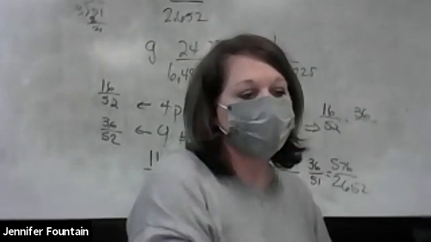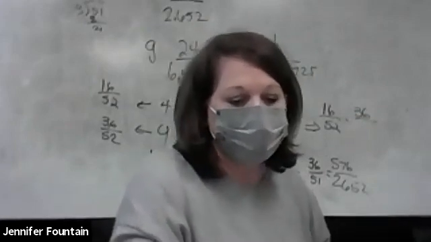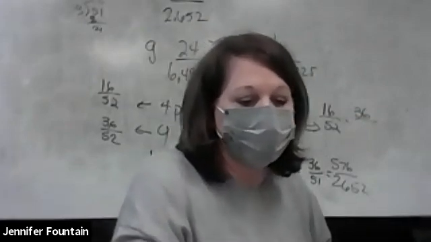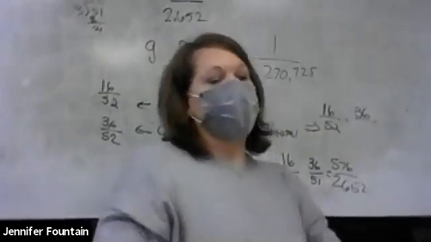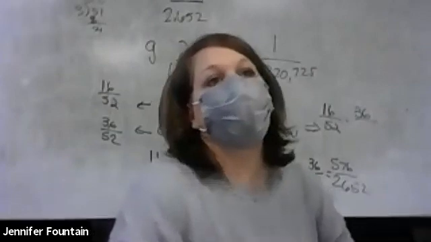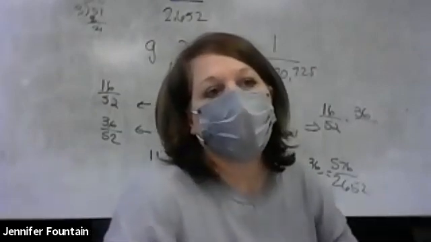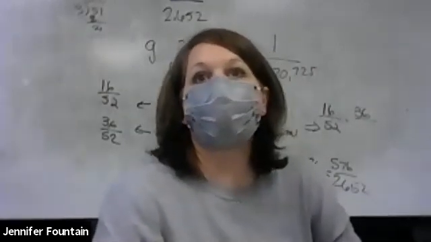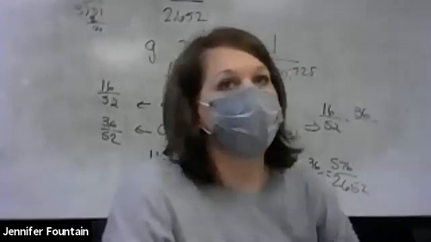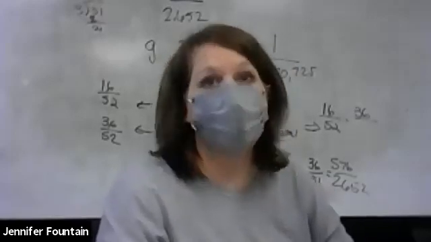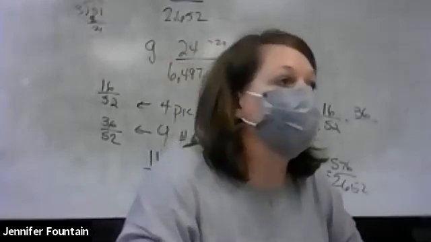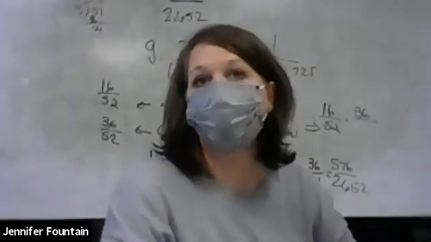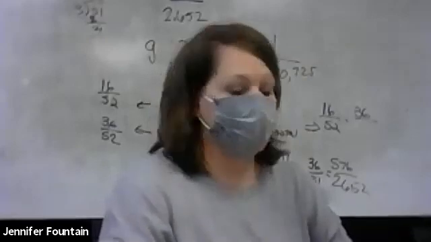Awesome. 78. 78 is mutually exclusive events. This was where we said mutually exclusive events were things that, just like we talked about, having brown hair and being in the 7th grade. You can have brown hair and be in the 7th grade at the same time. Those are not mutually exclusive events.